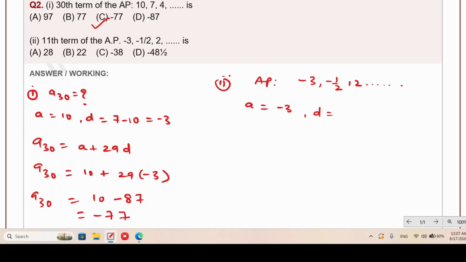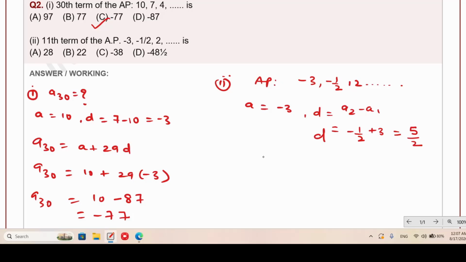You know the formula for D, D is equal to A2 minus A1. We discussed in the first class when we started AP, that A2 minus A1 gives negative 1 by 2 minus minus 3, which is plus 3. So it gives 6 minus 1 over 2, that is 5 over 2. So the value of D is 5 over 2.